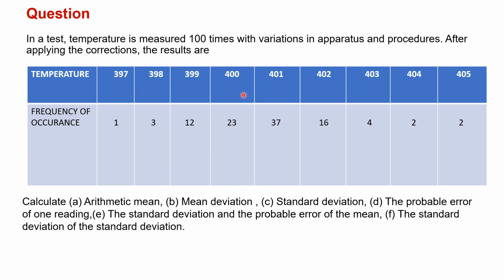Temperature values in degrees Celsius: 397, 398, 399, 400, 401, 402, 403, 404, 405, and the frequency of occurrence, how many times each occurs: 1, 3, 12, 23, 37, 16, 4, 2, 2.